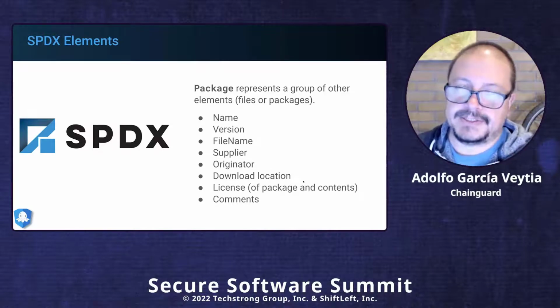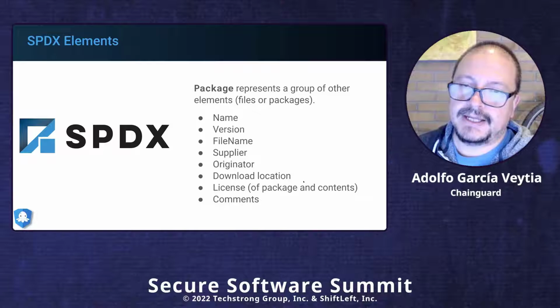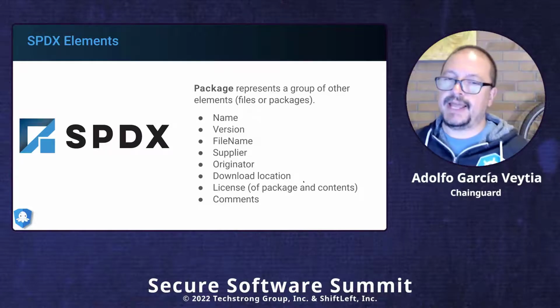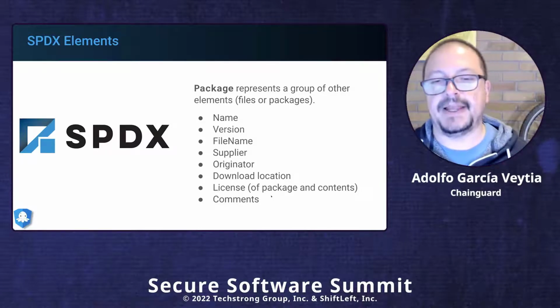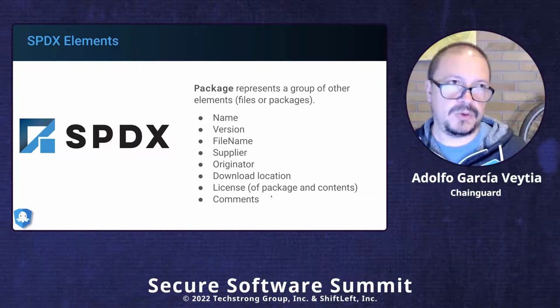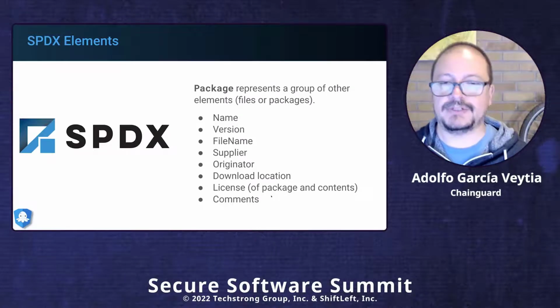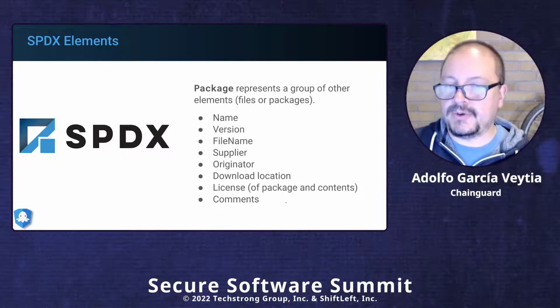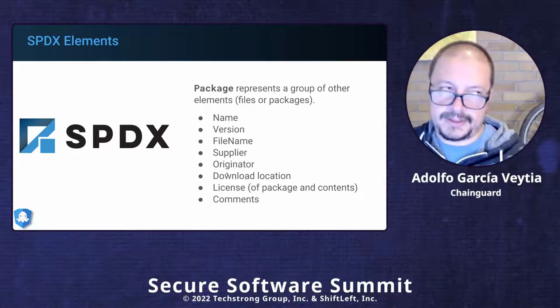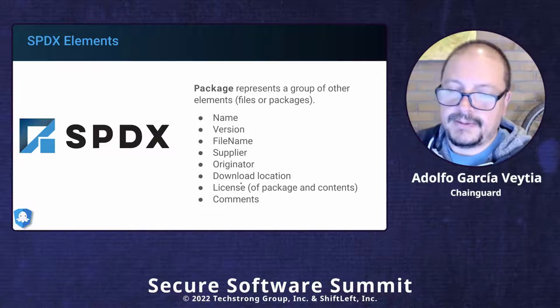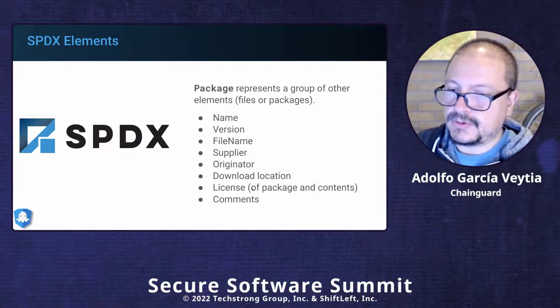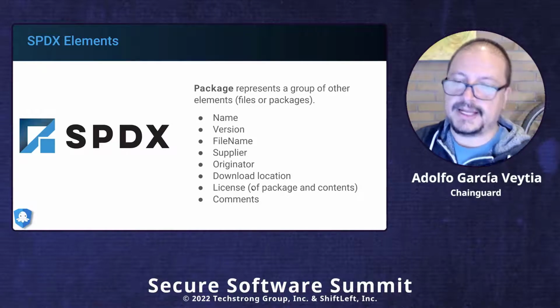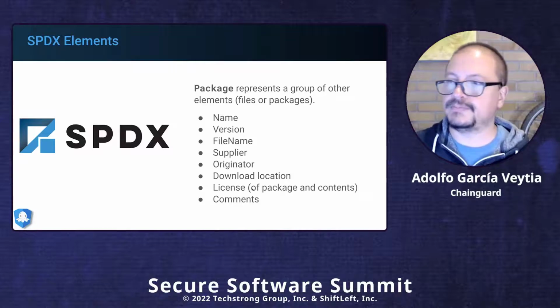And then there are packages that group other packages and files, and packages can have a name, a version, a file name, the supplier, so who am I pulling this package from, and the originator. And you can also have a URL that tells you where you can download it if you want to get it again for checking or things like that, and some licensing information.